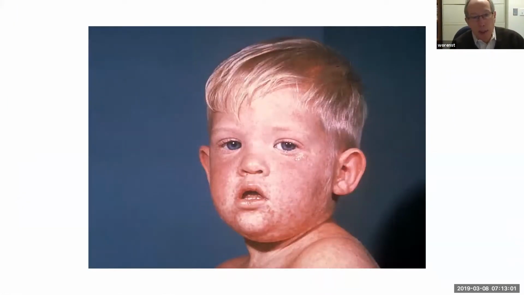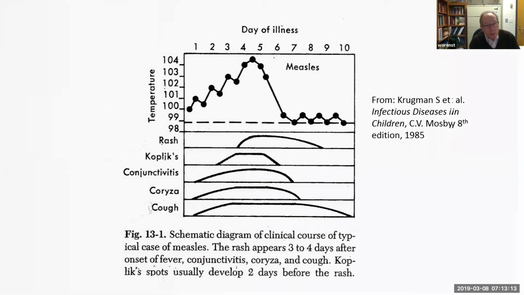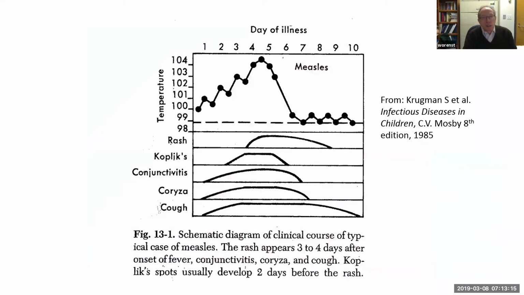This is just a picture of a child with measles, with a rash illness, and the classic spots or red rash that is associated with it. And this is a famous slide from Saul Krugman looking at measles.